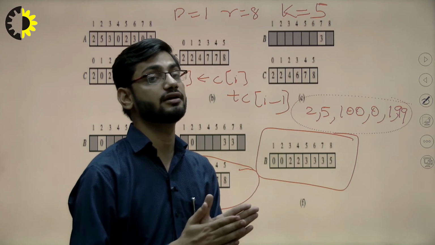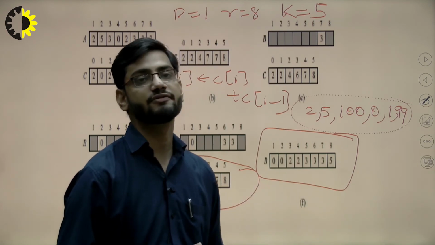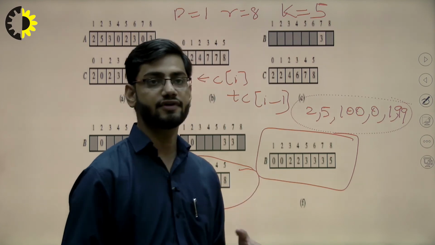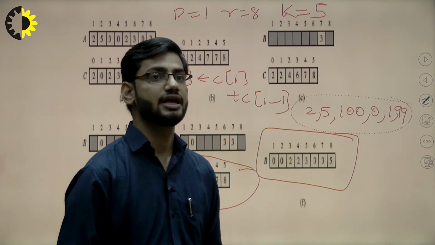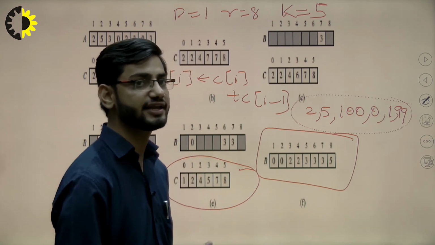That will take a lot of memory space. So counting sort gives better output for a smaller range of inputs. It doesn't work well for a higher range of input. It unnecessarily wastes memory in terms of array C.